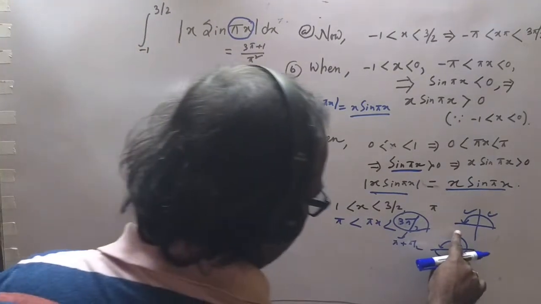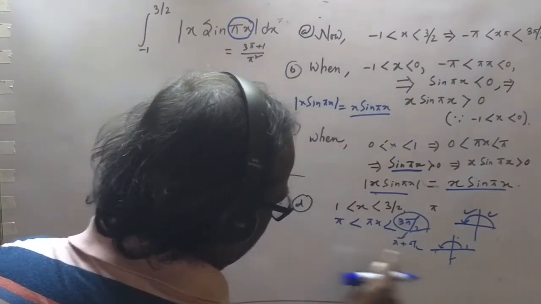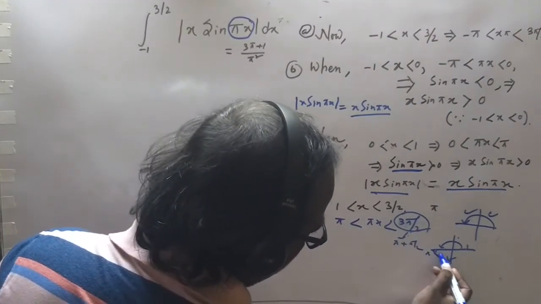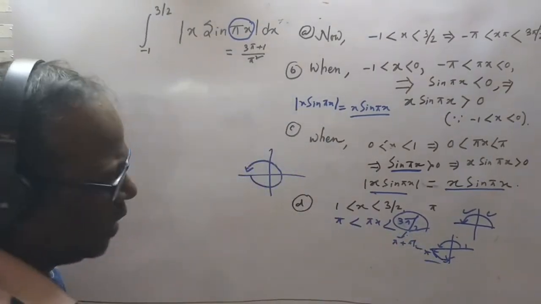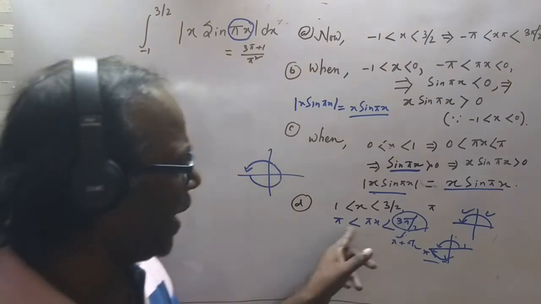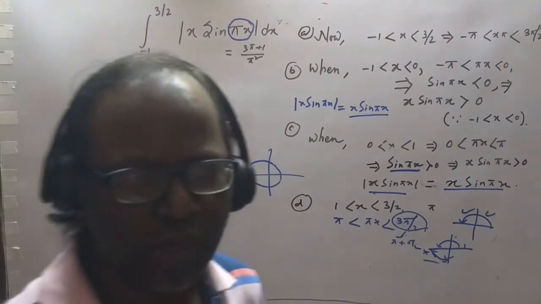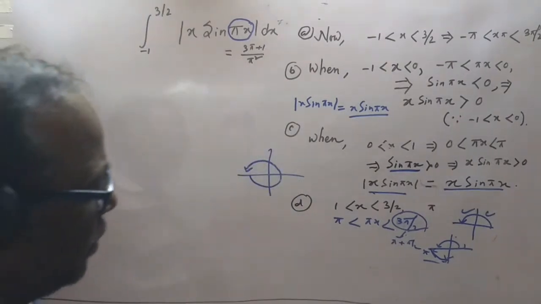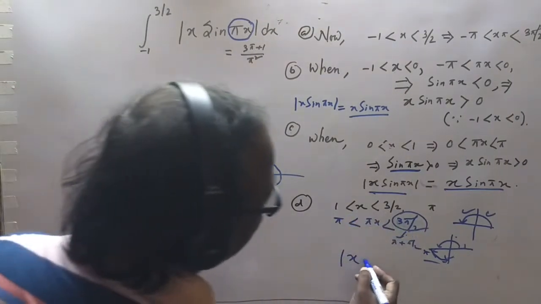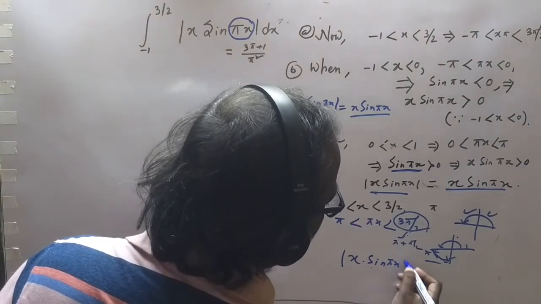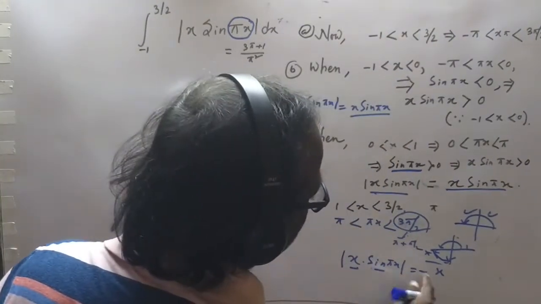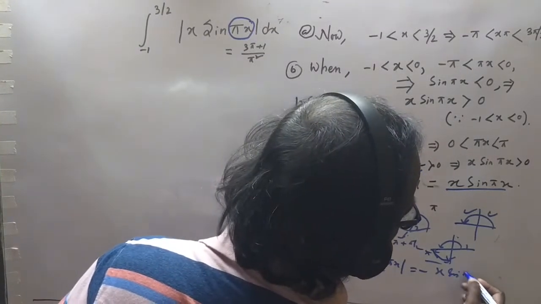No, this is wrong. Here it is pi to 3π/2, the third quadrant. This domain lies in the third quadrant. You know the value of sin pi x from pi to 3π/2, which lies in the third quadrant, is negative. So mod of x is positive from 1 to 3/2, x is positive but sin pi x is negative. So positive into negative, their product is negative. You can take that as equal to -x sin pi x.